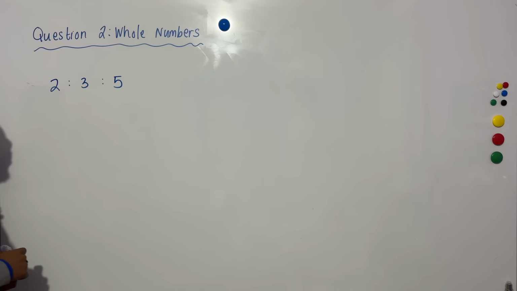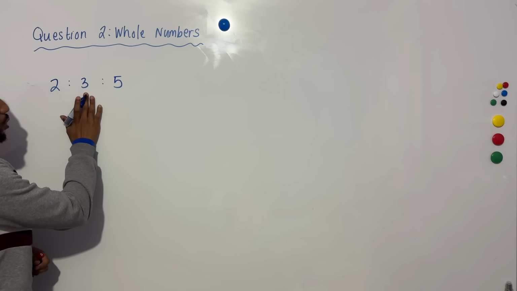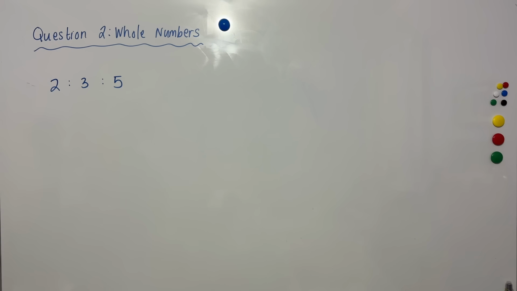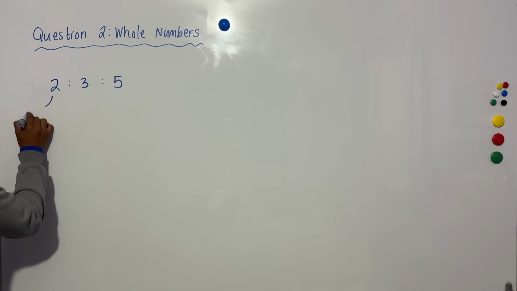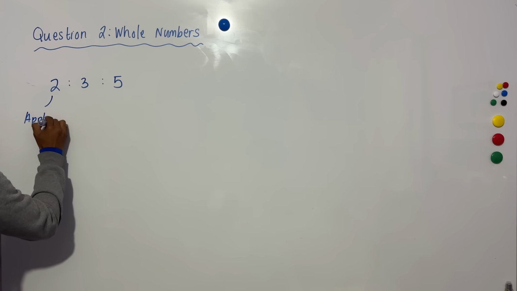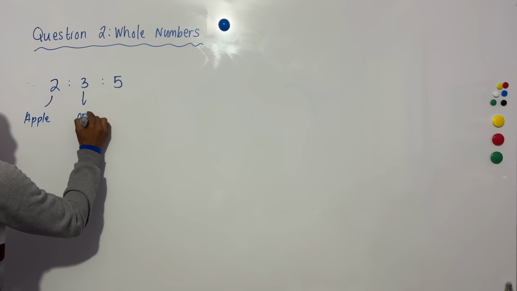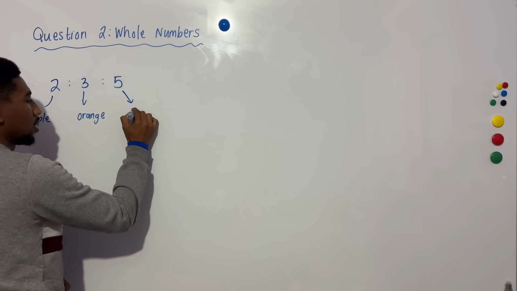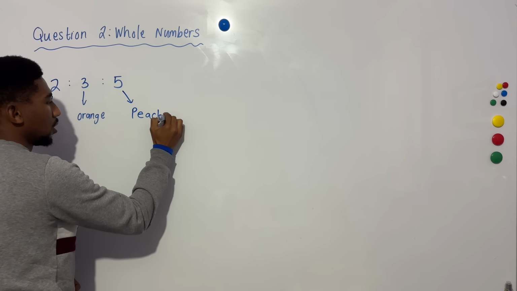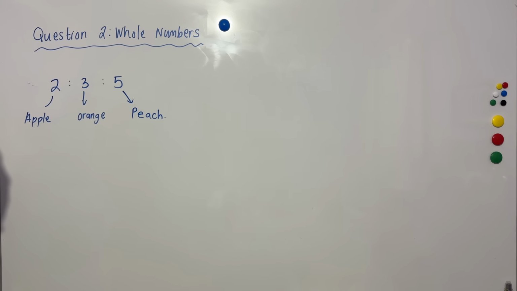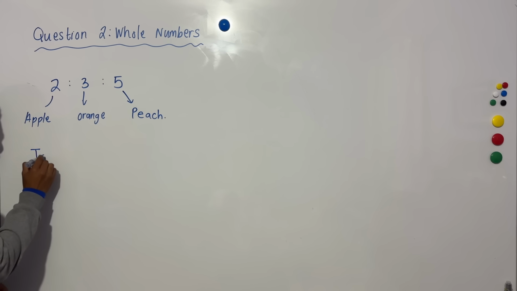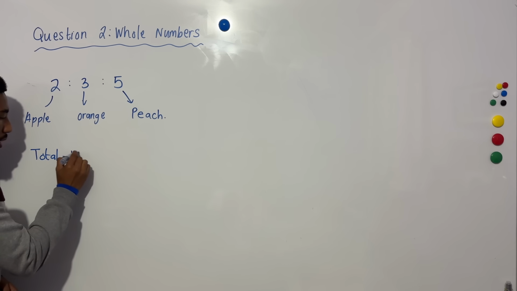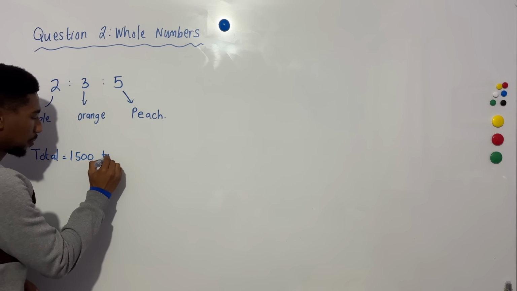The first thing we do is identify the 2, the 3, and the 5. The 2 we have is apple trees. The 3 is our orange. And our 5 peach trees. Now we have a total of what? 1,500 trees.